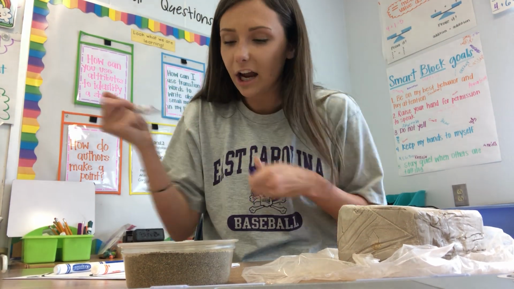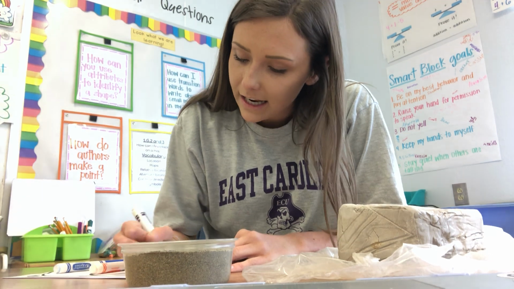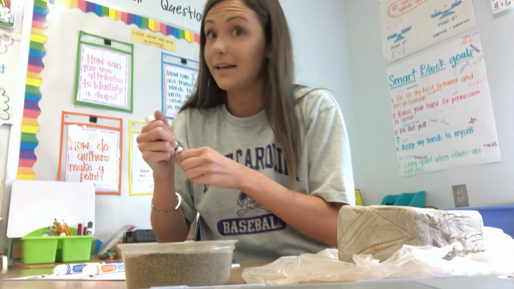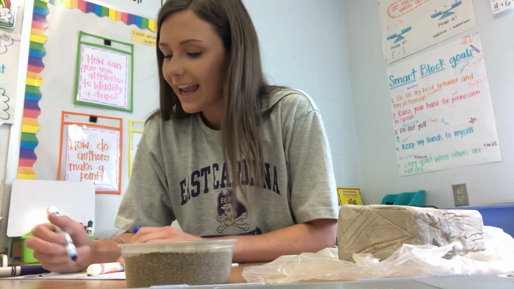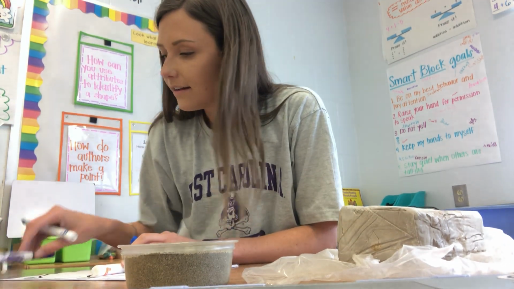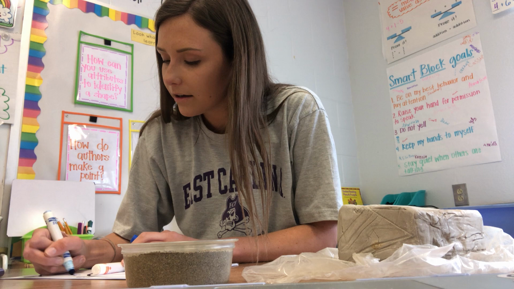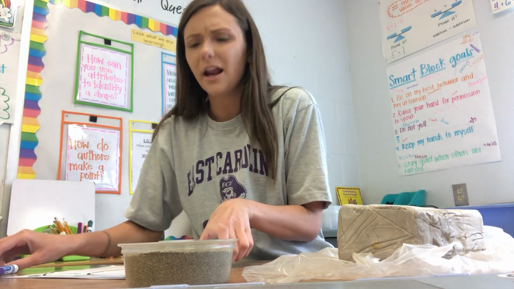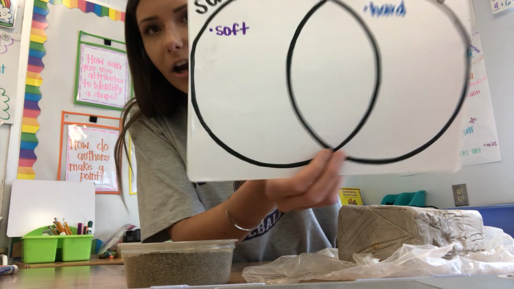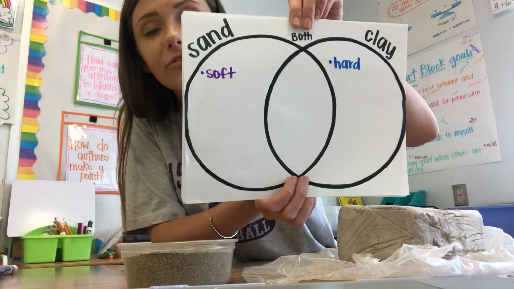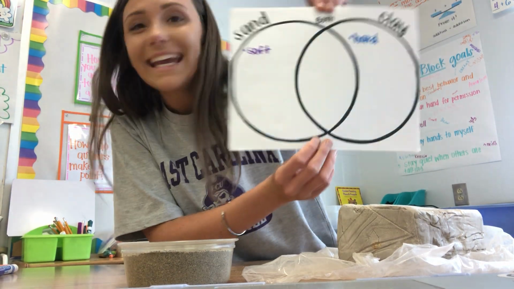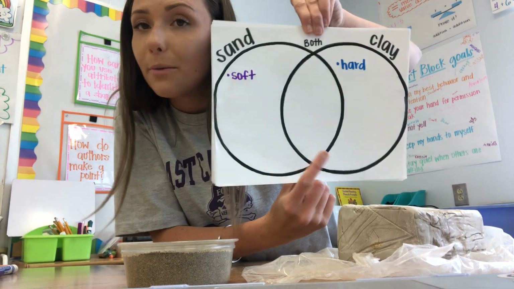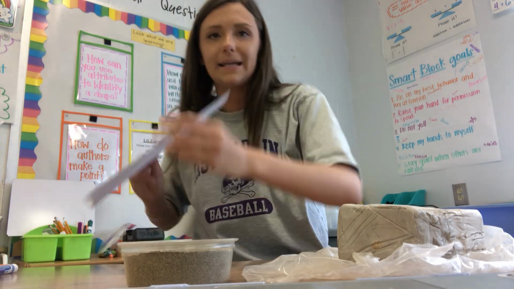So on my Venn diagram, I'm going to write sand is soft in my best handwriting. Clay is hard. I haven't found any similarities yet, so I'm not even worrying about the middle part of my diagram yet. So I put sand, soft, clay, hard. Again, sorry, it is backwards on the camera. I didn't really think about that, but I will post a picture of this along with this lesson.